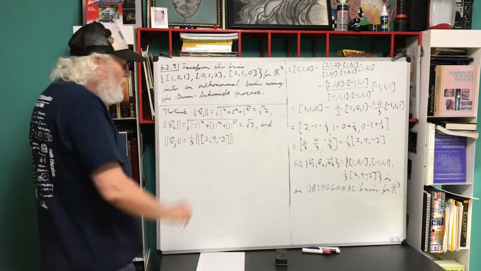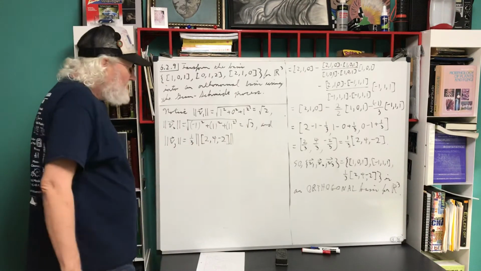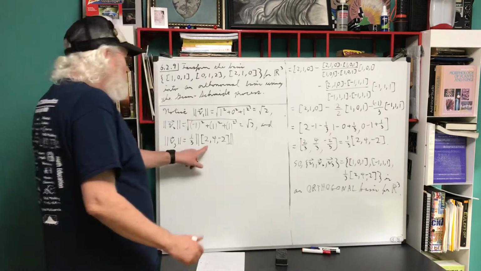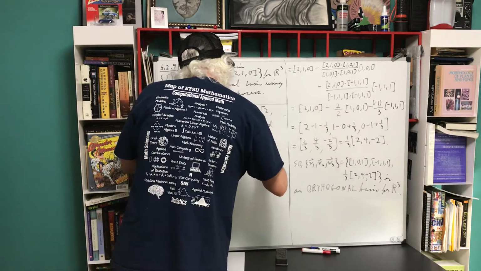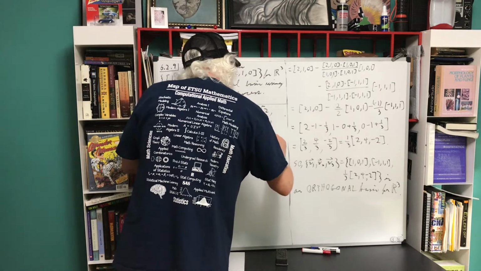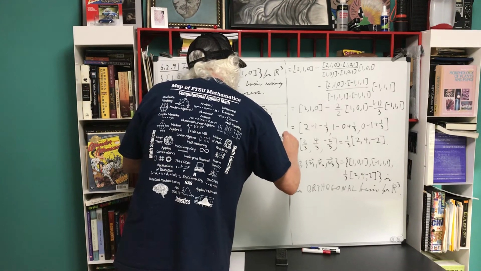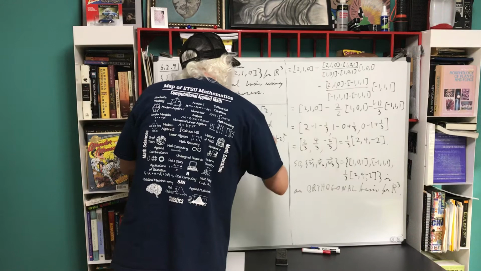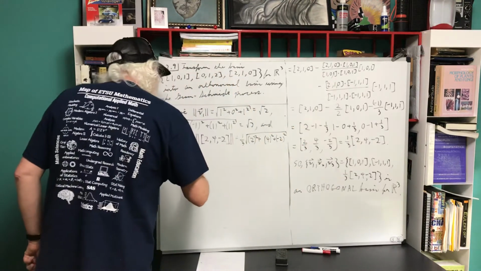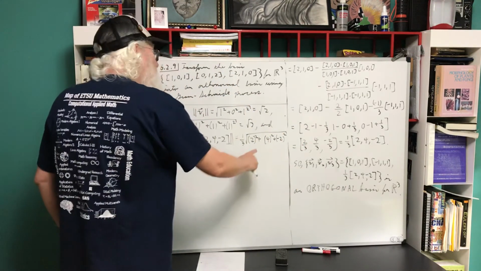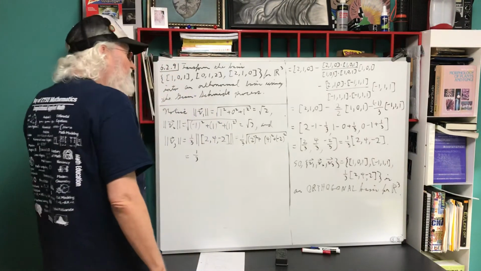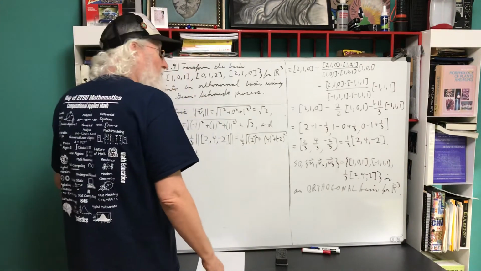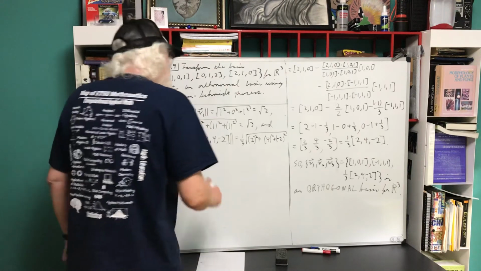So let's bring the 1/3 out front. We keep it isolated. Some other weird stuff's going to happen because now we've got to deal with squaring. So we get the square root of 2 squared plus 4 squared plus -2 squared, giving us 1/3 times the square root of 4 plus 16 plus another 4, that is the square root of 24.